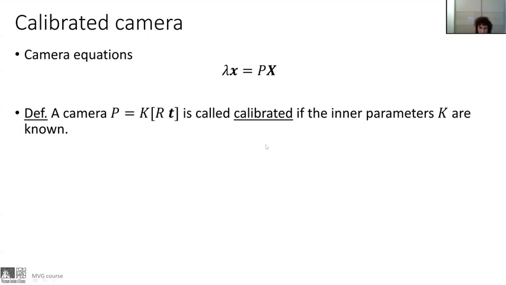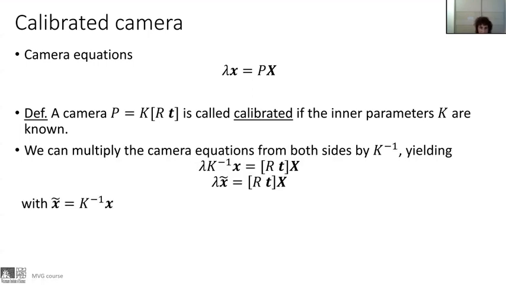Because if the inner parameters are known, I can move back to the 3D space and work with length units and not in pixels. Essentially, we multiply both sides of the camera equation by the inverse of K, and then we say that we have the normalized coordinate x tilde, and we solve only for R and T.